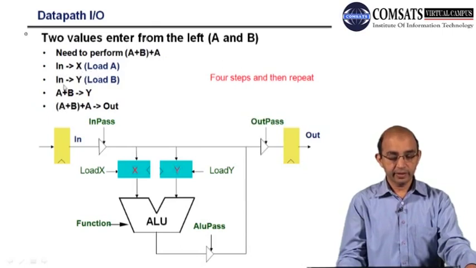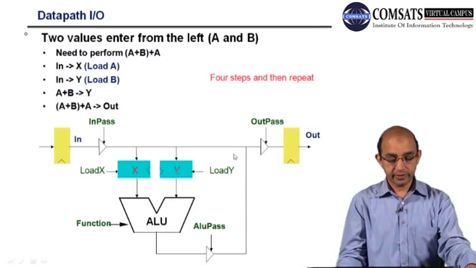So load A, load B, A plus B. The resultant has to be stored here. We have to perform A plus B plus A, so the resultant has to be stored here, and then A plus B plus A, and this is out.